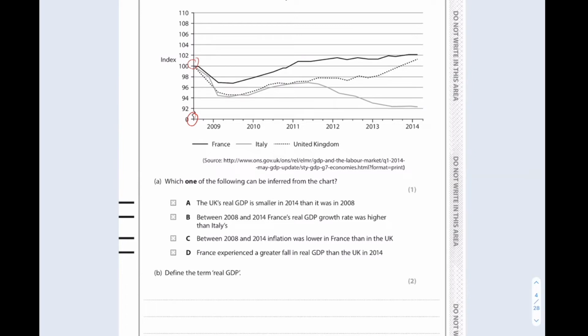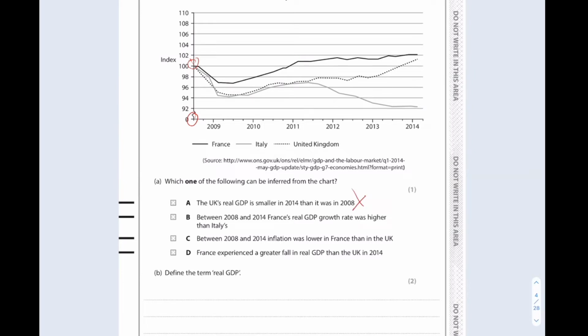Okay, so UK, here we go. 2008 is there, about 100. And then the United Kingdom in 2014 goes to here, which means that it is higher than that. So no, that's not right.